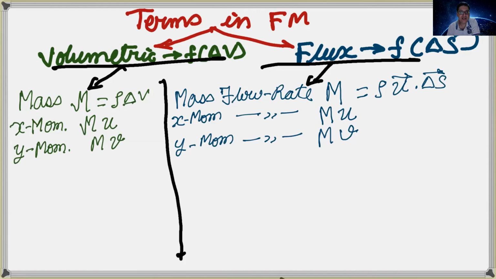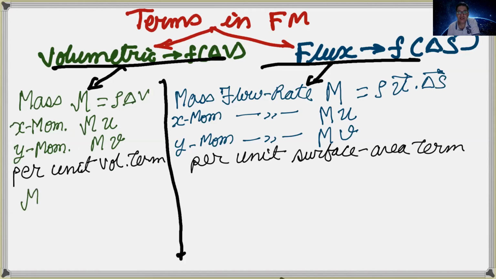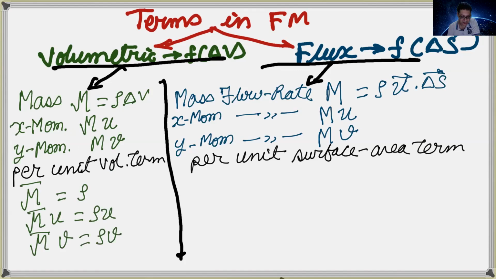If you divide these volumetric terms by volume, and these flux variables by area, notice that when I divide mass by volume, I express it by m bar.